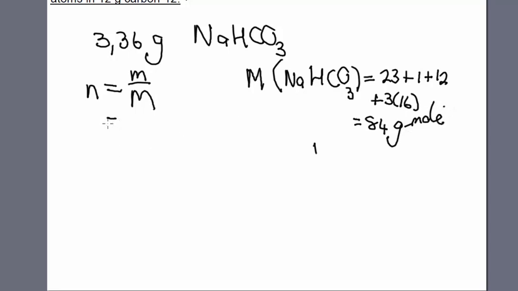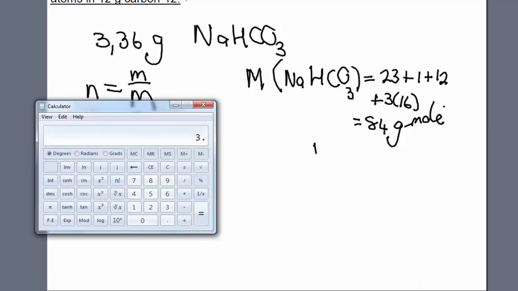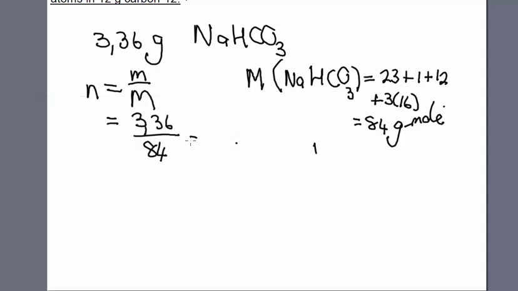So when I substitute these values into my formula, 3,36 divided by 84, it is going to give me 0,04 moles NaHCO3. Okay, let's look at the next question.